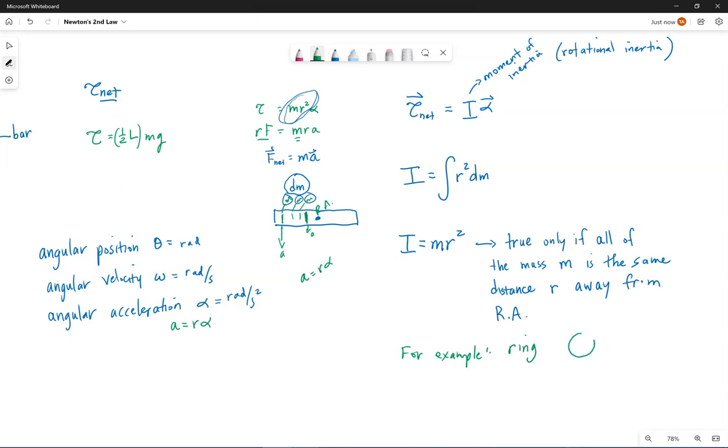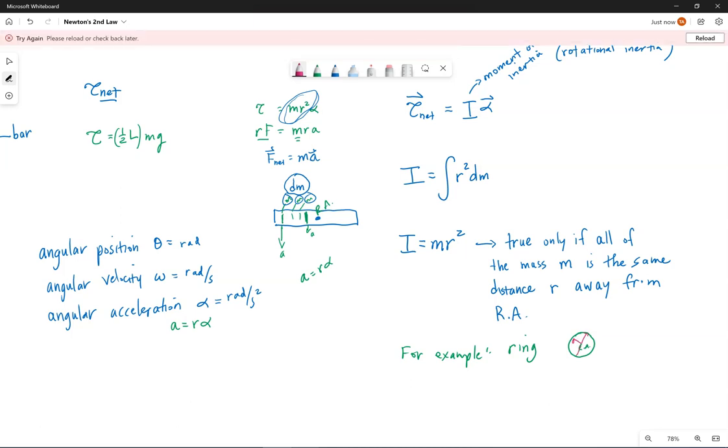The ring itself, the rotation axis is in the center. Each piece, anywhere I go on the ring, any piece of mass is the same distance r from the rotation axis. And so we could totally say the rotational inertia or moment of inertia for a ring would be the mass of the ring times the radius of the ring squared.